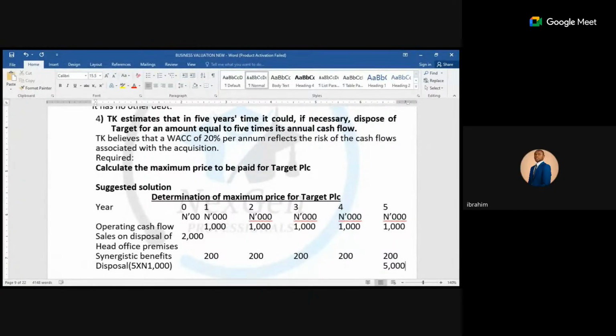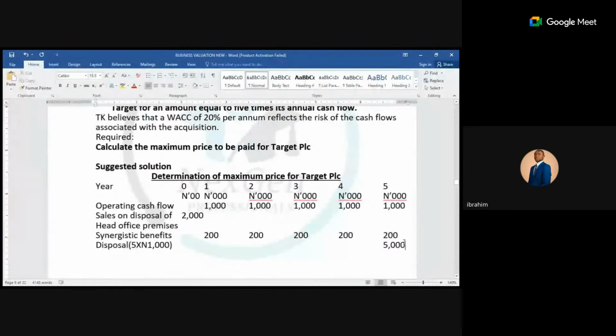Now, we need to add all this together. You have total cash flow, right?